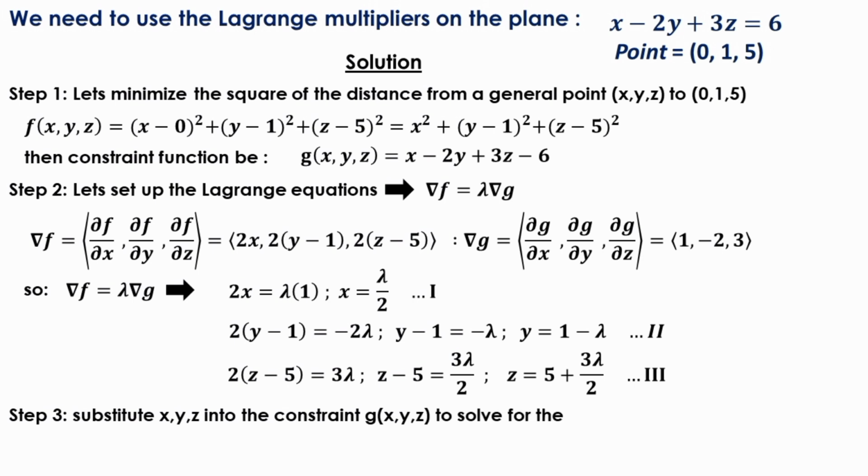Our constraint function is x minus 2y plus 3z equals 6. So let's insert these into the constraint: lambda over 2 minus 2 times 1 minus lambda plus 3 times z, equals 6.